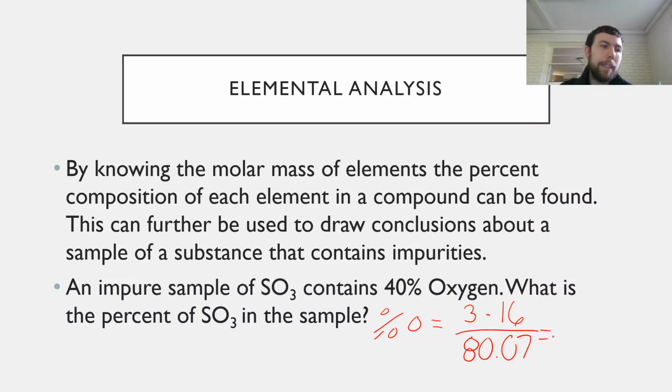So you got 48 divided by 80.07, and that's roughly 60%. So SO3 is supposed to be 60% oxygen by mass, but in our sample, we've only got 40% oxygen by mass. So what that's communicating to us is that there is something, maybe a lot more sulfur or something that's going on that's driving that percentage by mass of oxygen down, right?